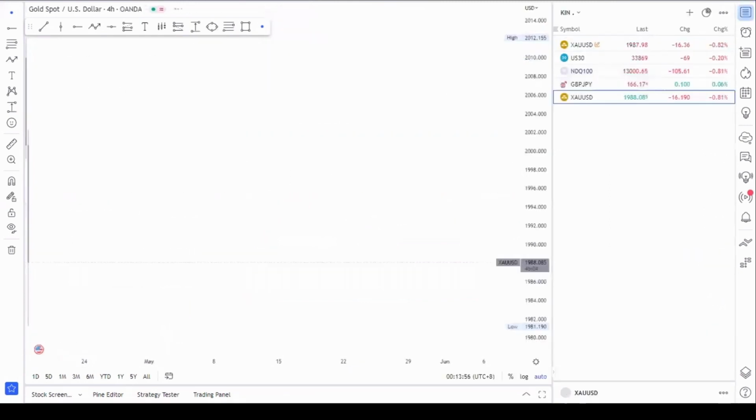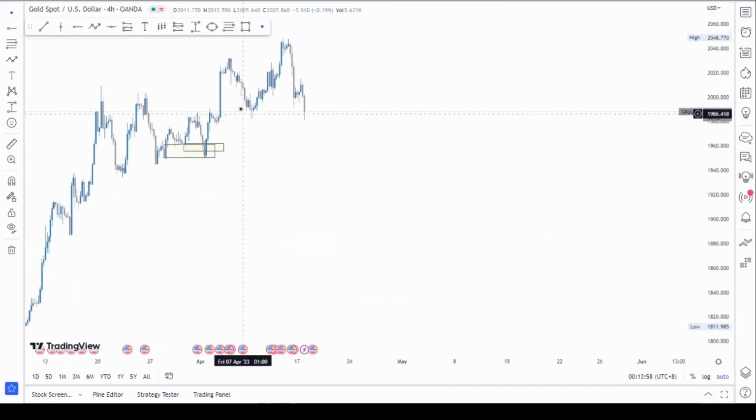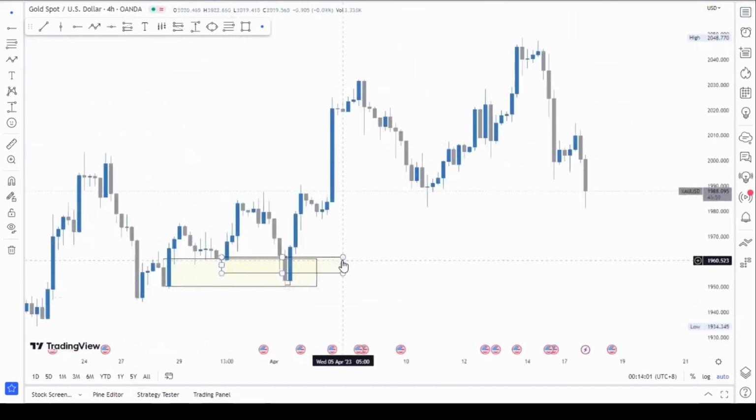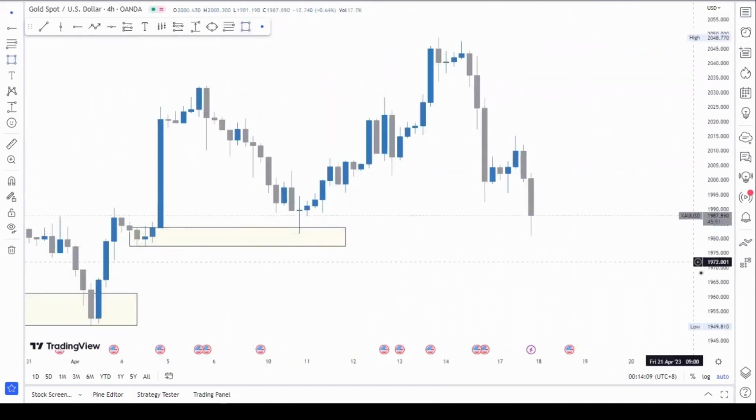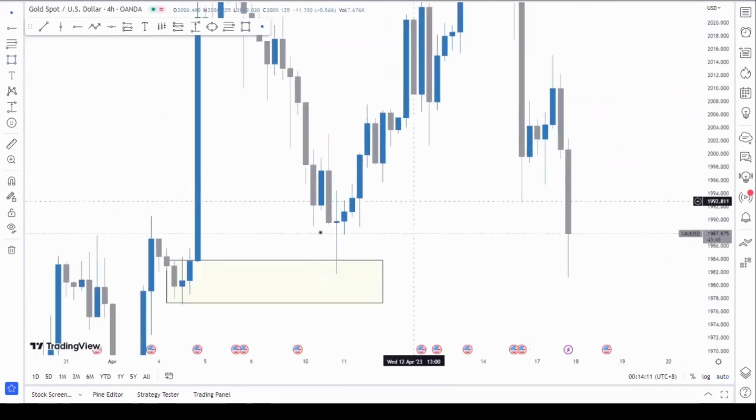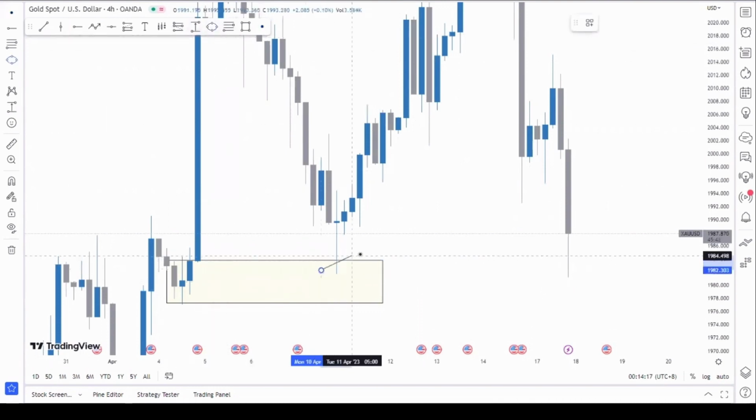Let's see the chart. Okay, this is an engulfing buy, right? So when the price gets into the zone, we need to focus on the CMP, and then we need to change the time frame to 30 minutes.